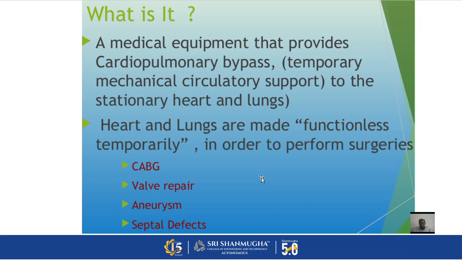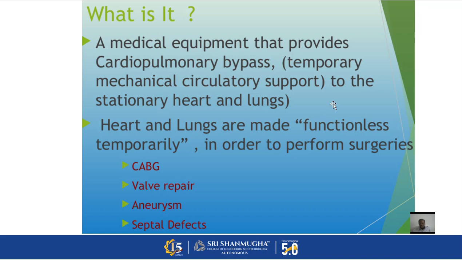What is a heart-lung machine? A heart-lung machine is a medical equipment that provides cardiopulmonary bypass, that is heart-lung bypass, which is temporary mechanical circulatory support to the stationary heart and lungs.